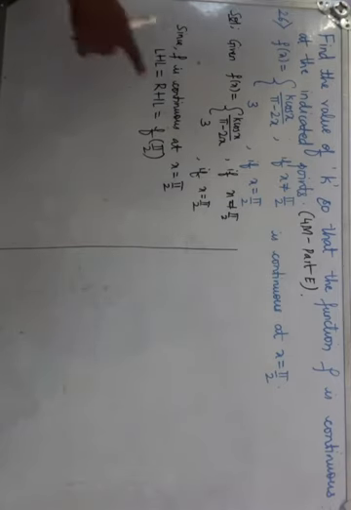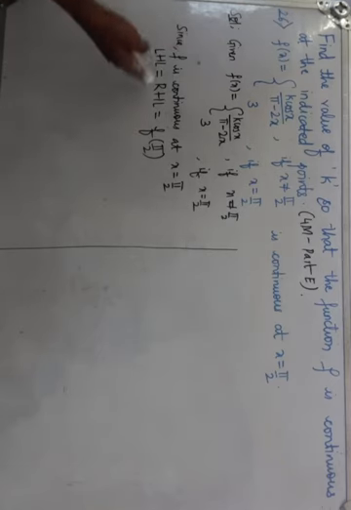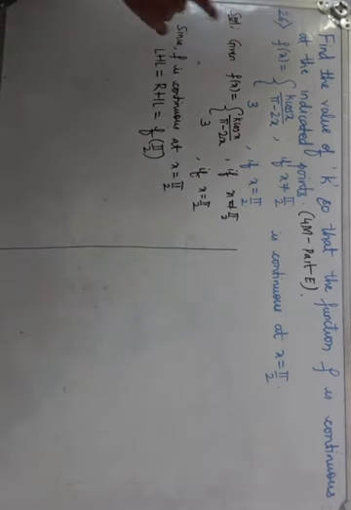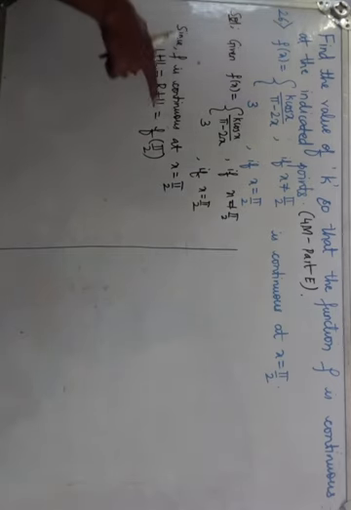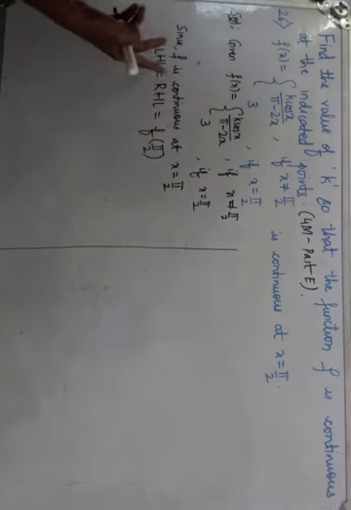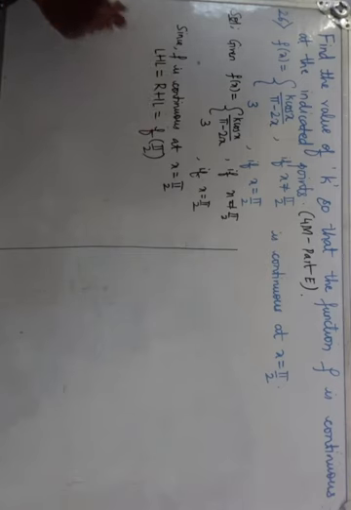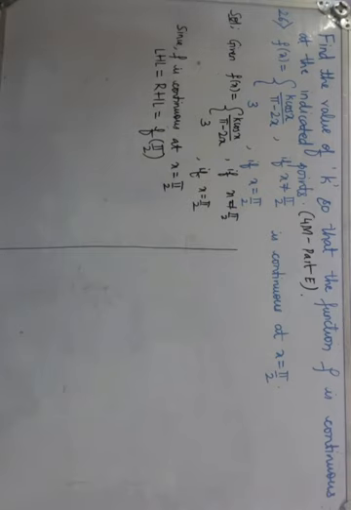Either you can take LHS is equal to f of pi by 2, or RHS is equal to f of pi by 2, or LHS is equal to RHS. Considering any two of these three, you can find the value of k.